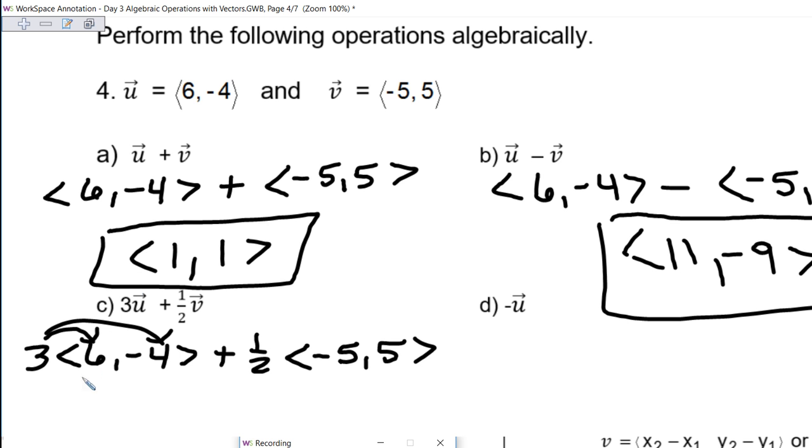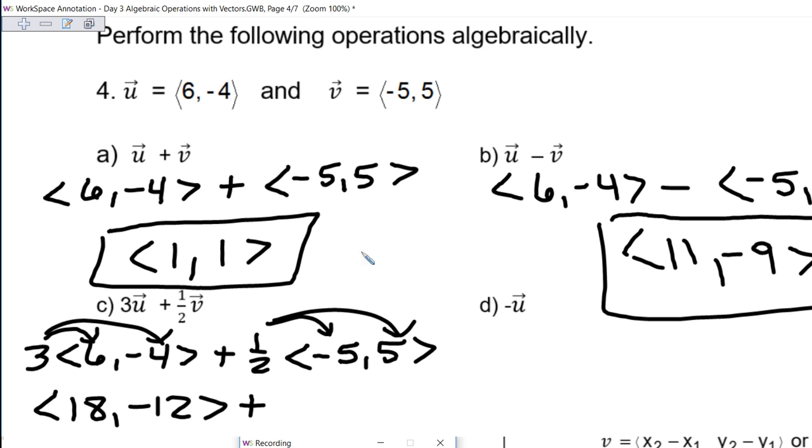So distribute the 3. What's 3 times 6? 3 times negative 4. Bring down the plus sign. Distribute the 1/2. What's half of negative 5? Negative 2.5. And what's half of positive 5? Positive 2.5.